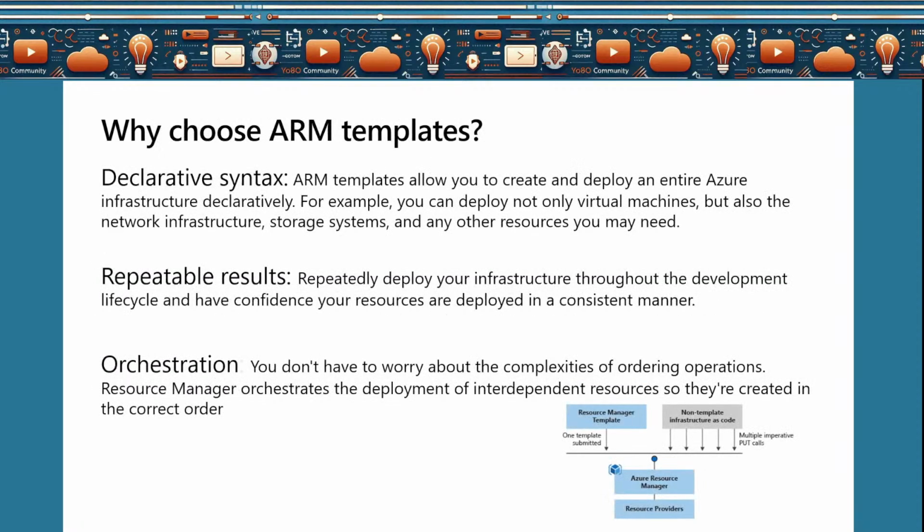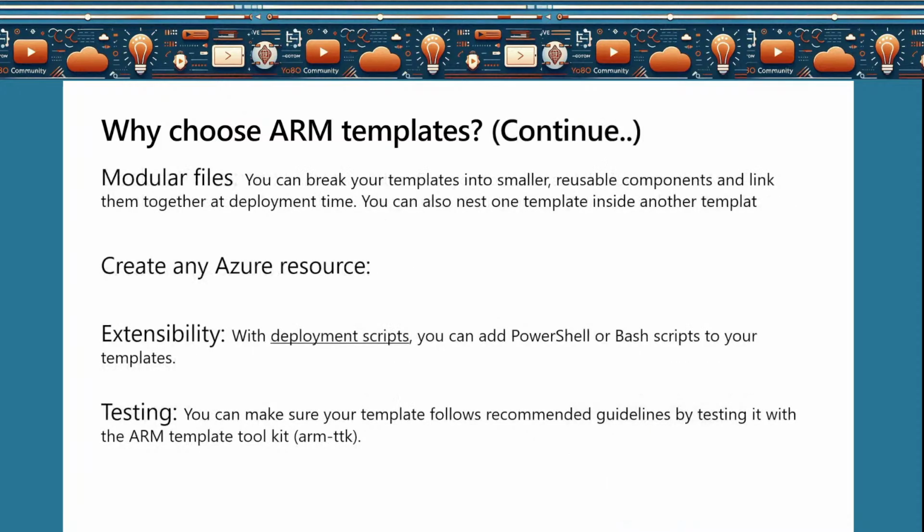Okay. It also uses a declarative syntax where you don't need to detail how you want this resource to be created. You can just define and then run. You can use repeatable deployments, you can use orchestration. It's similar to Terraform, but it's Azure only. It's always to create resources in Azure.